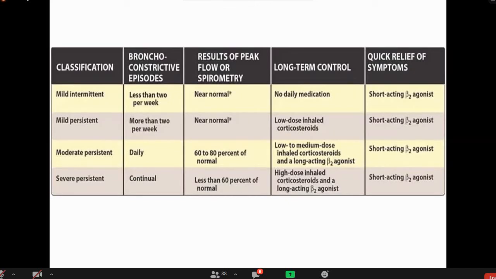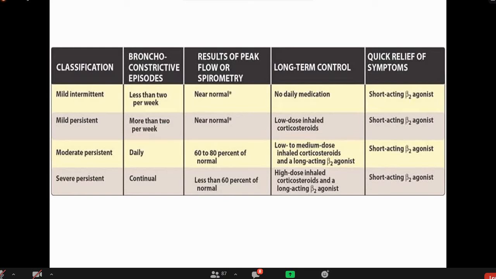If the patient comes to you and says, I have an attack of bronchoconstriction, and it is less than 2 per week and the result of peak flow or spirometry is normal, then no long-term control medication is required.